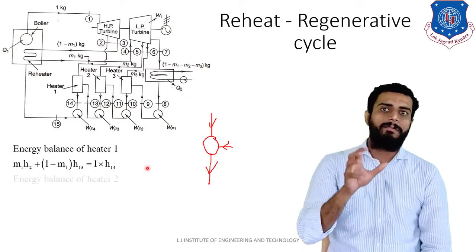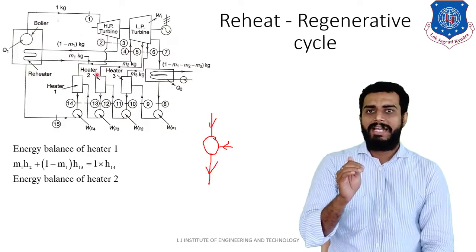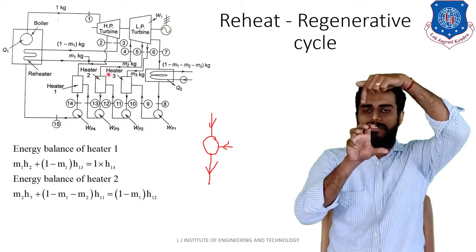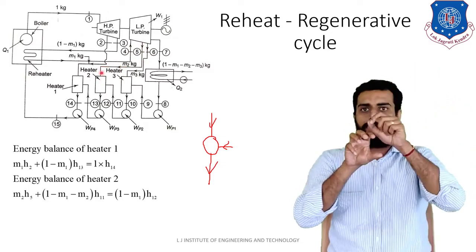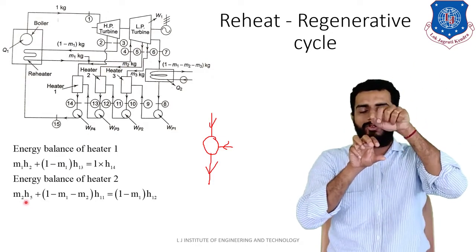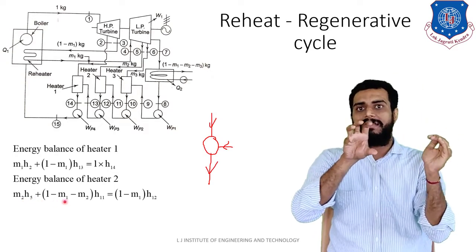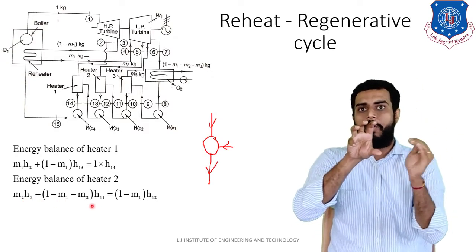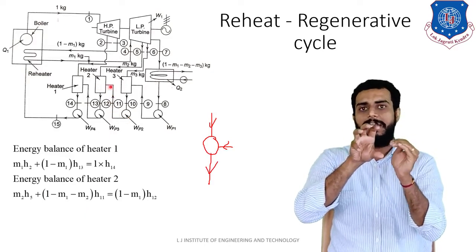For heater number 2, M2 is the steam supplied at the top of the heater, carrying enthalpy H5. So M2 into H5 plus (1 minus M1 minus M2), that amount of water entering on the right hand side of the heater, carrying enthalpy H11.